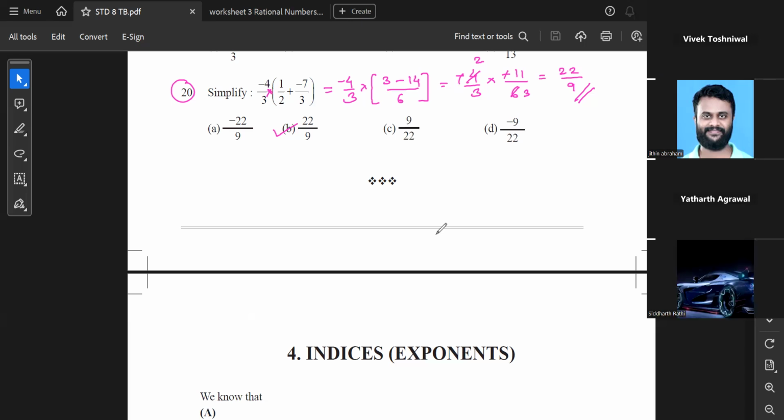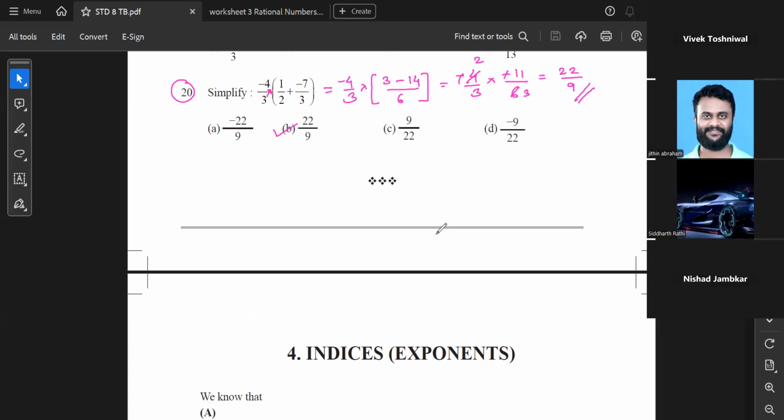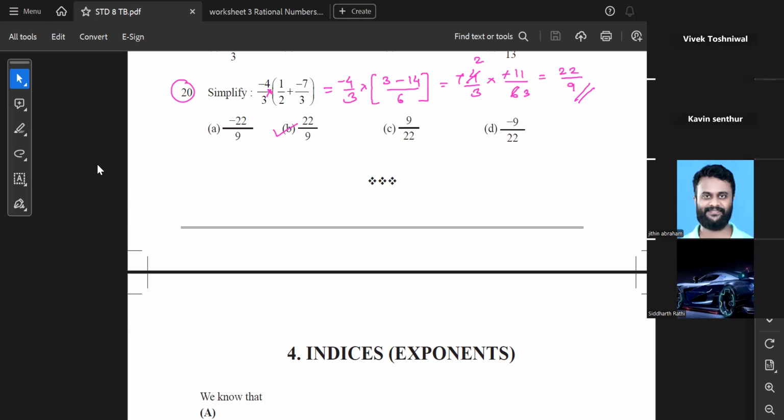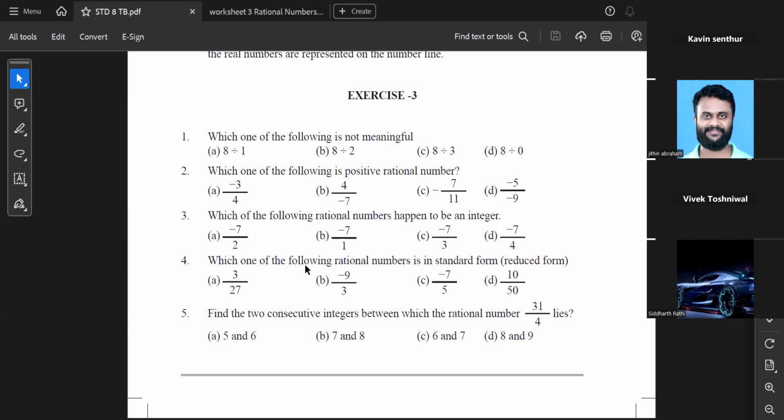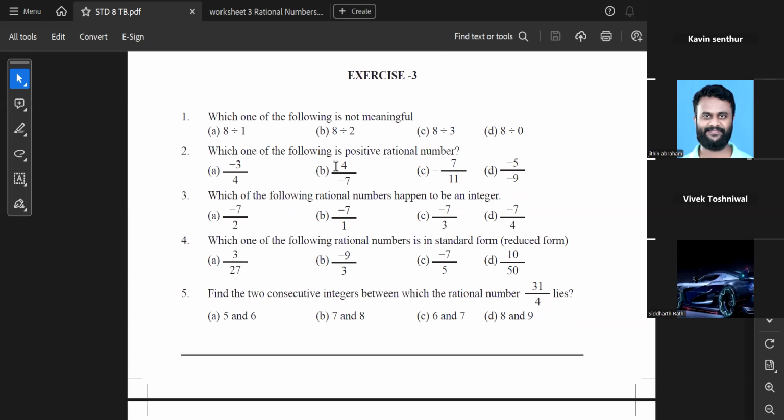I have a doubt. Exercise 2. Your doubt is in question number 2, right? Yes, sir. Question number two. Which one of the following is a positive rational number? In exercise 2.